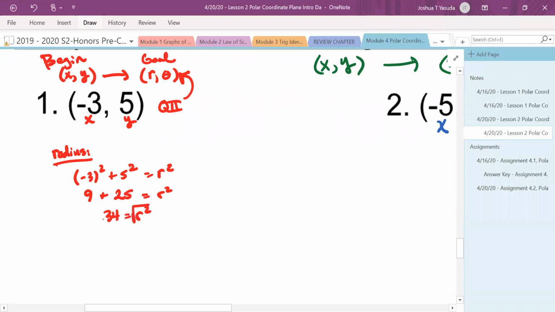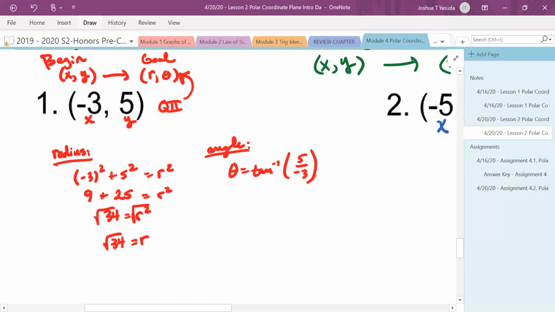Square root, r equals root 34. Okay, theta, the angle, is going to be done by doing, theta is going to always equal the inverse tangent of 5 over -3, y over x.